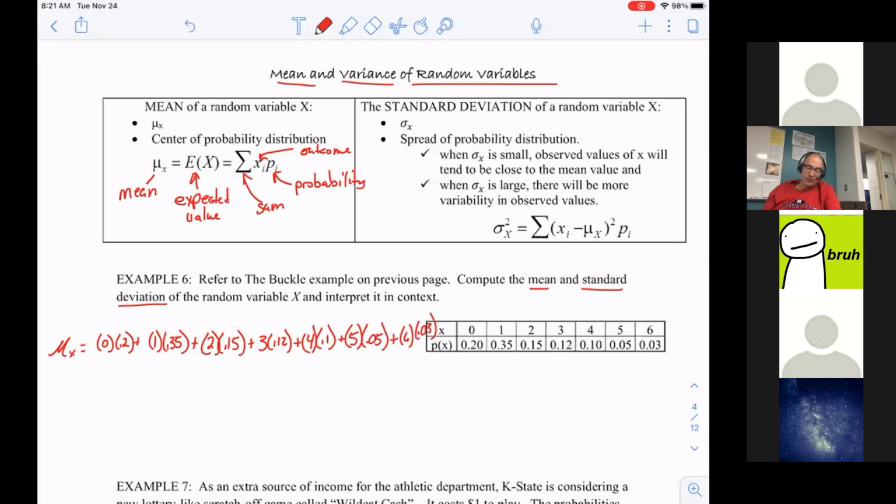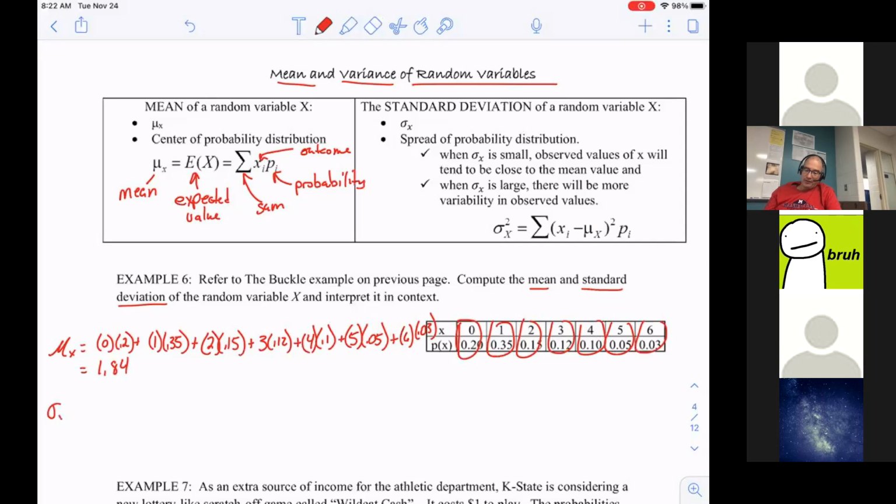So that is just typing all that straight into my calculator. Basically it's all these pairs, the outcome times its probability. It's those products, that whole series is just those products added together. Okay, that's how we're going to find the mean. And in this case, the mean turns out to be 1.84.